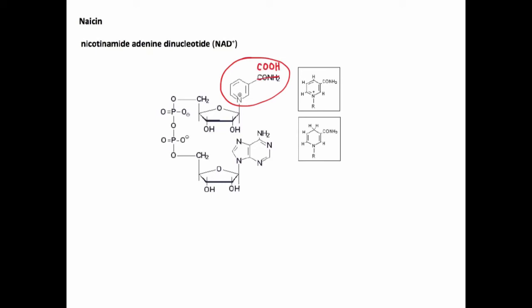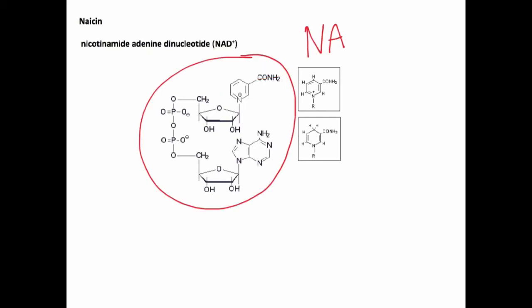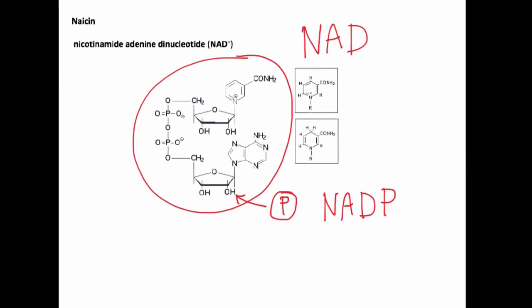So if we have this in the diet, we can add ribose, phosphates, and adenosine to make NAD. This hydroxyl group can have a phosphate added to it, and this makes a similar coenzyme called nicotinamide adenine dinucleotide phosphate, or NADP. Both NAD and NADP serve as electron carriers.